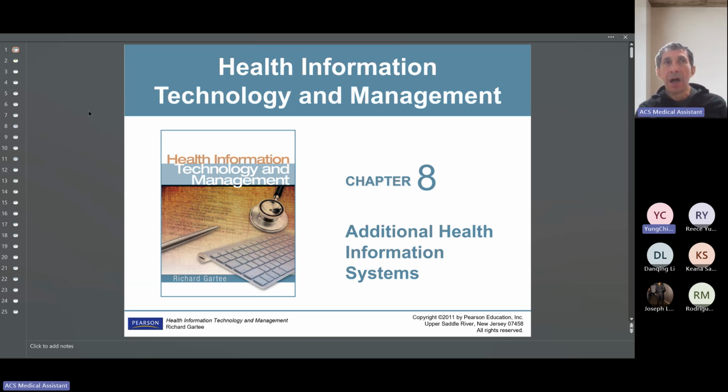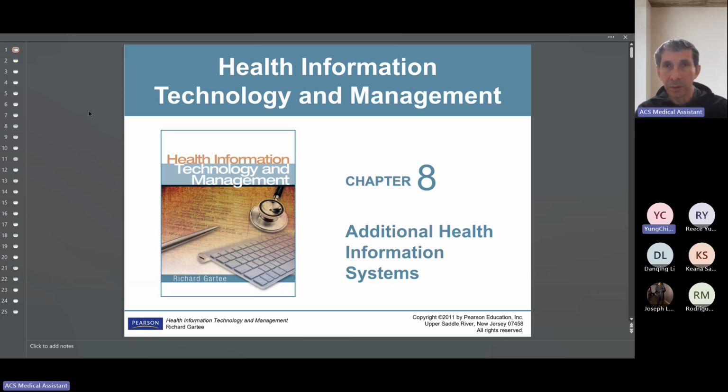Remember, we have problem-oriented medical records and source-oriented medical records. You have to know that for your exam. That's important. Again, we're not going to go over every single detail, just some key points.